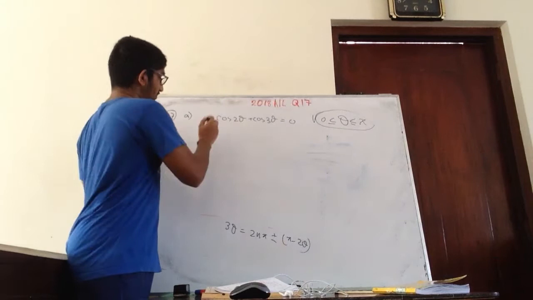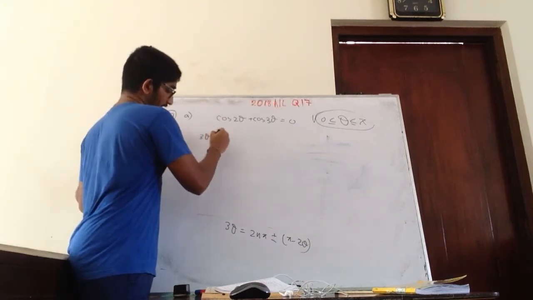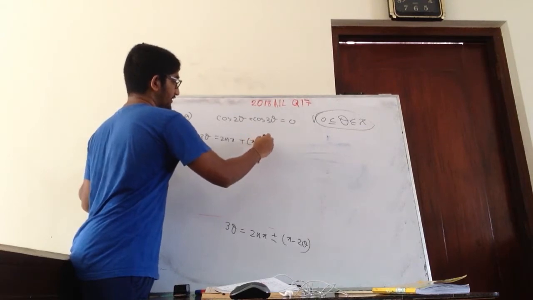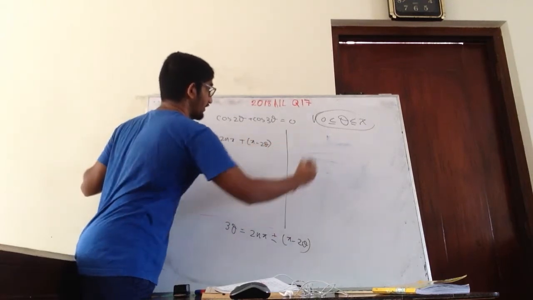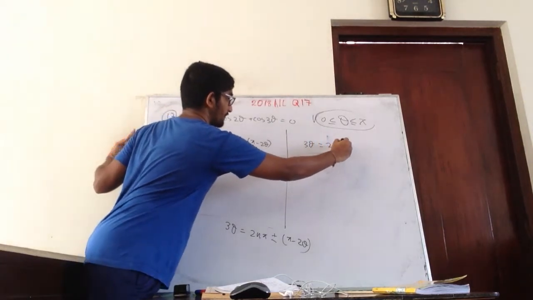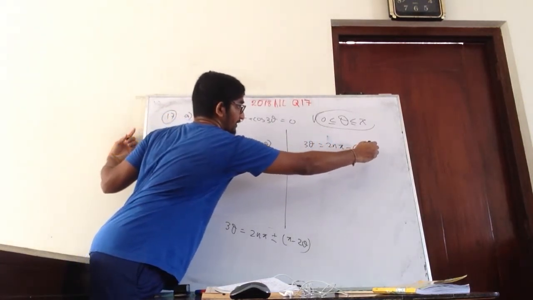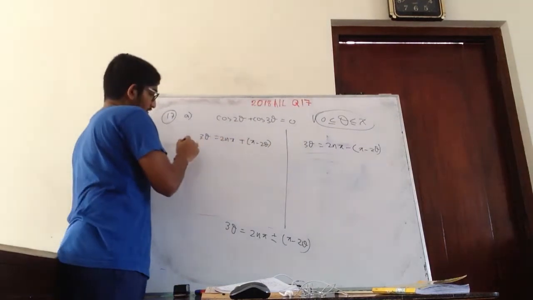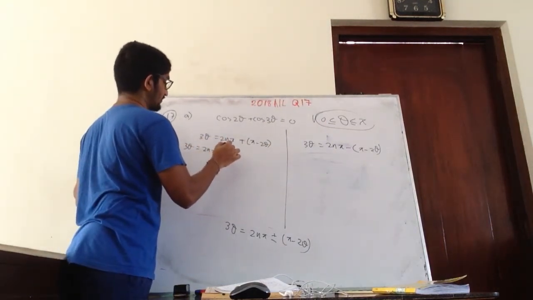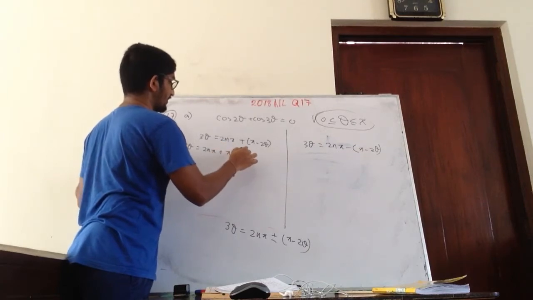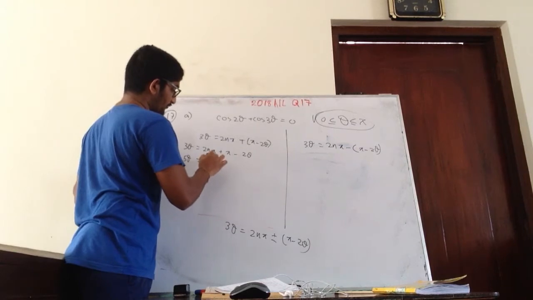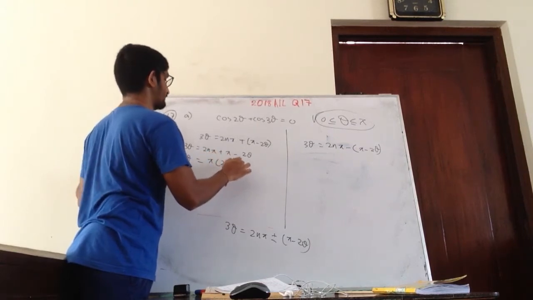So one of the solutions is 3 theta equals 2n phi plus 5 minus 2 theta. That is one. The other thing is 3 theta equals 2n phi minus 5 minus 2 theta. So here you will get 3 theta equals 2n phi plus 5 minus 2 theta. That means 5 theta equals 5 2n plus 1.